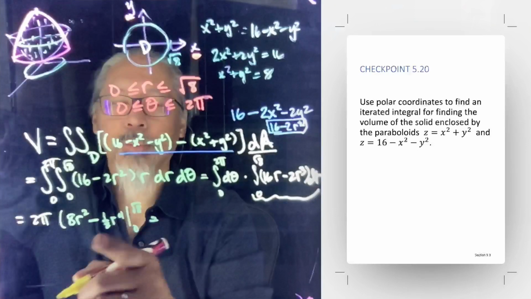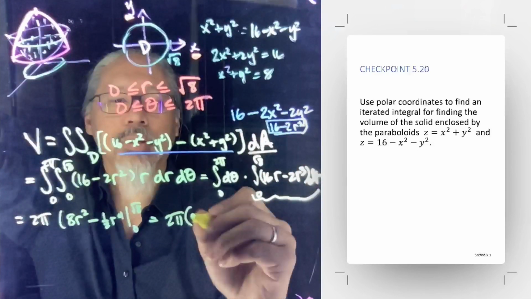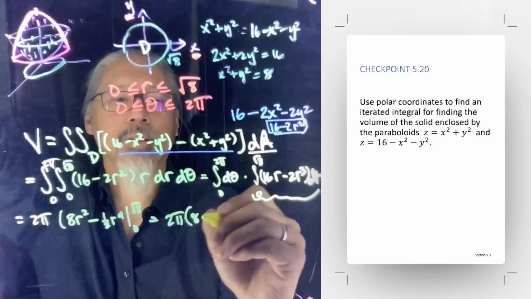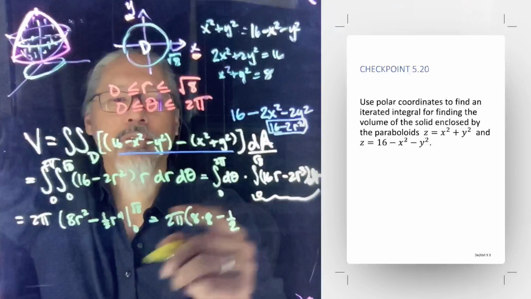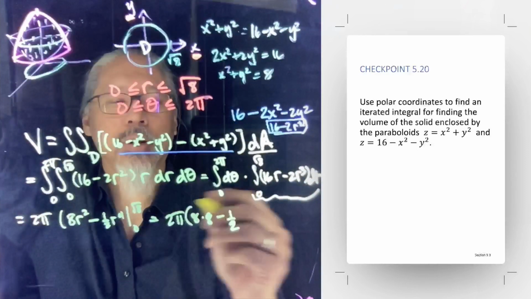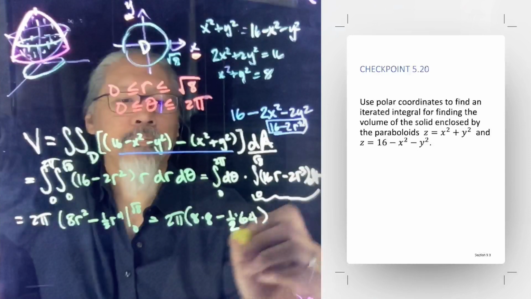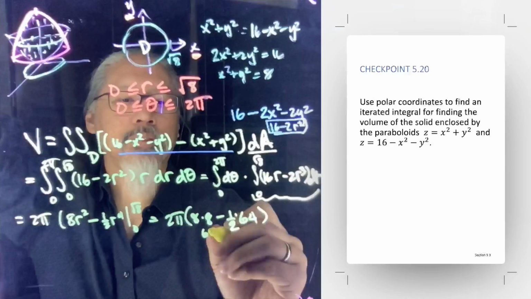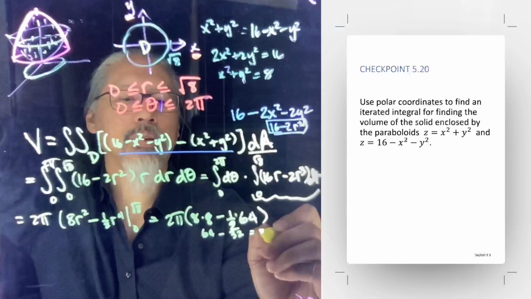So 0 would disappear. We have 2 pi times 8 times the square root of 8 squared, which is 8, and then minus 1/2 times the square root of 8 to the 4th, which is 8 squared, which is 64. So we have 64 minus half of 64, which is 32, and 64 minus 32 is equal to 32.